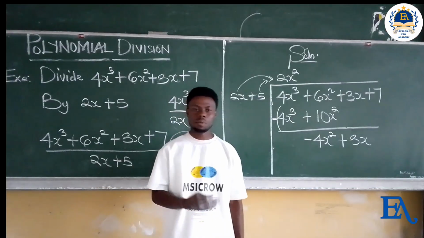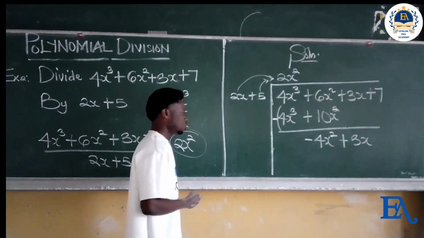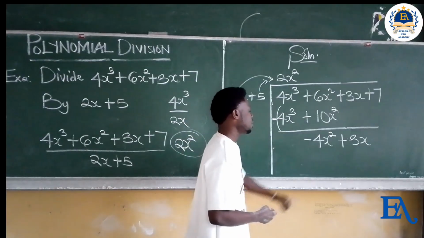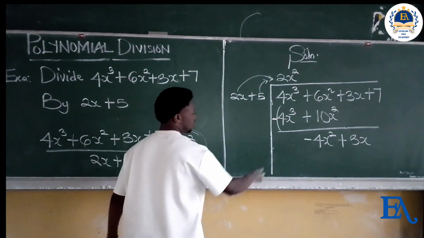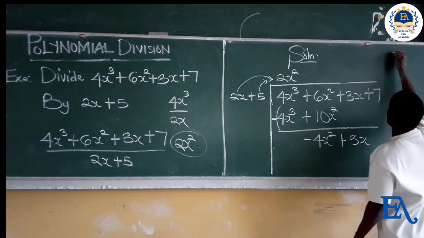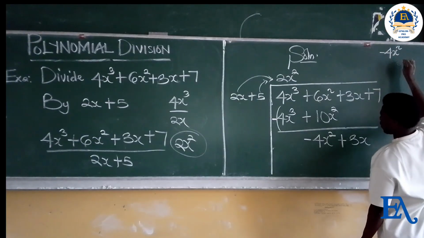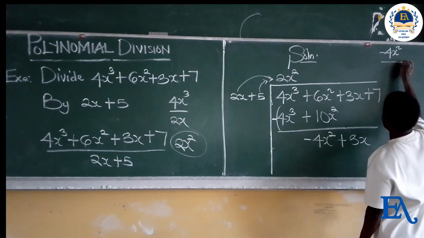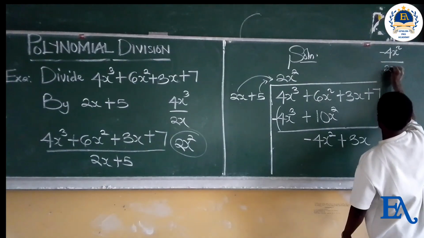We repeat the steps again from step number 1 down to step number 4. Step 1 is to divide the first term of the dividend by the first term of the divisor. The first term of the dividend is minus 4x squared, divided by the first term of the divisor, 2x.